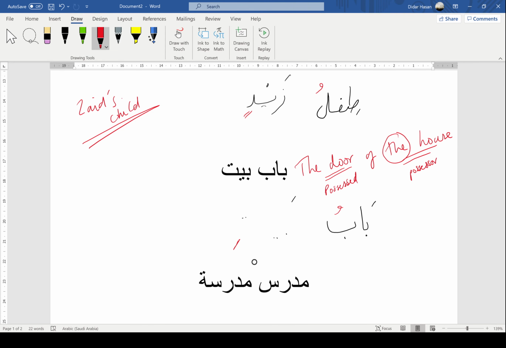So for example, let me just remove this. We have babun, and then we need to write the house. So if you look, the door of the house. I could have written just al-bayt from the beginning.